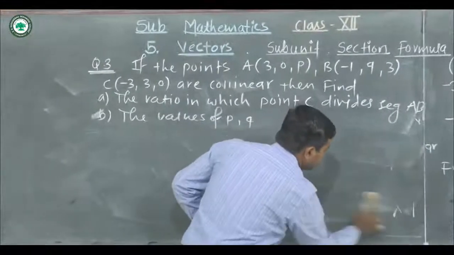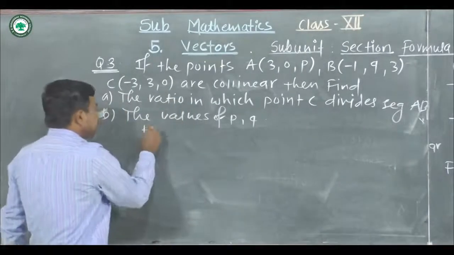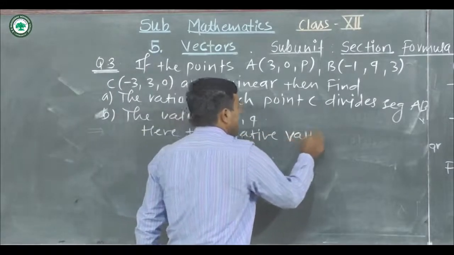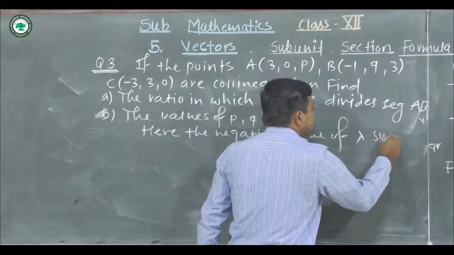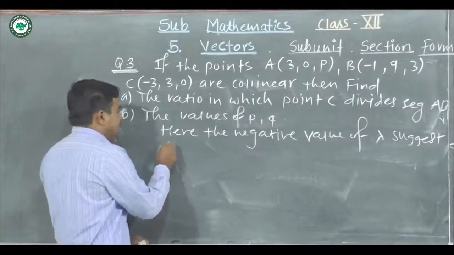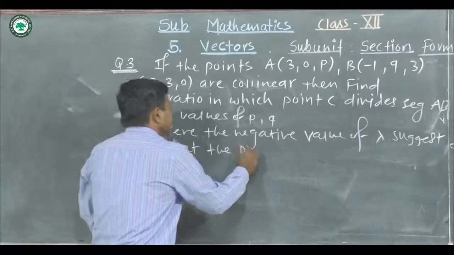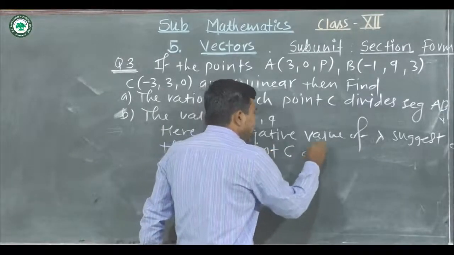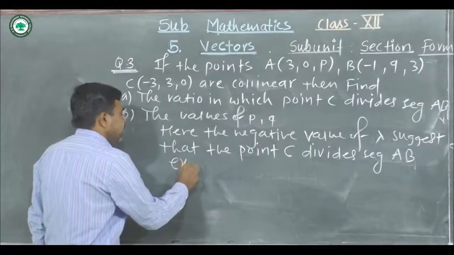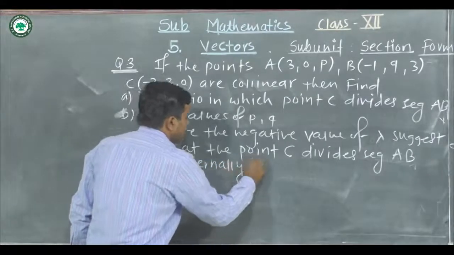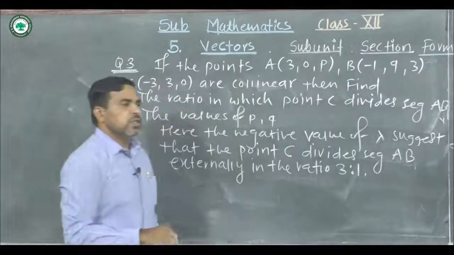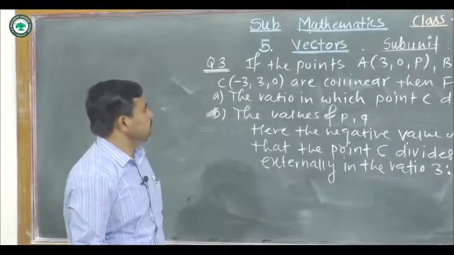That is, here the negative value of lambda suggests that the point C divides segment AB externally in the ratio 3:1. So in this way, this is the complete solution for question number 3.